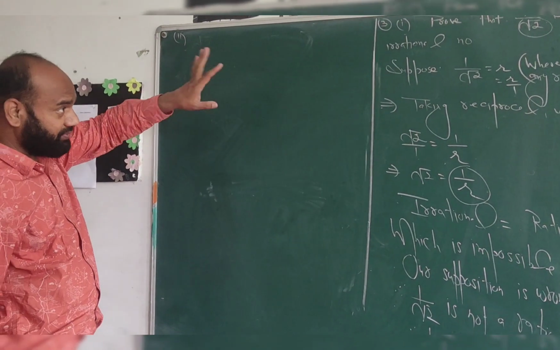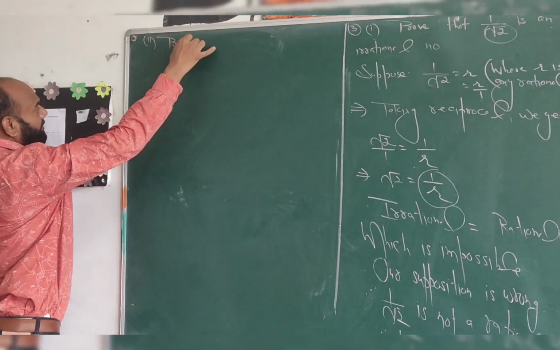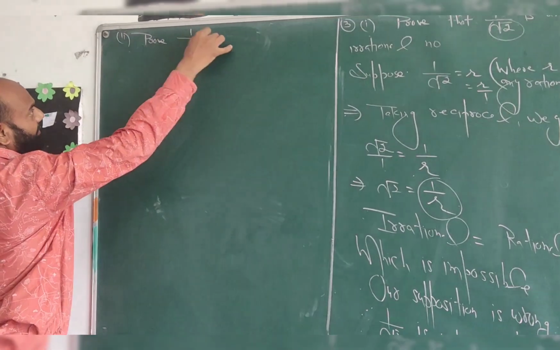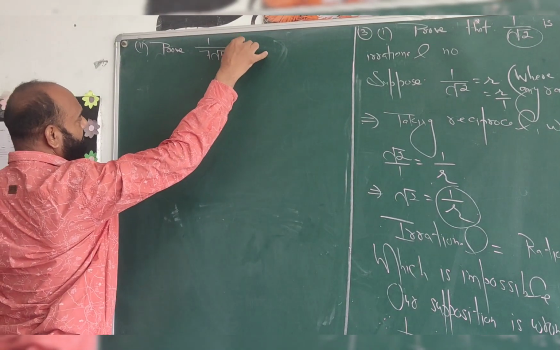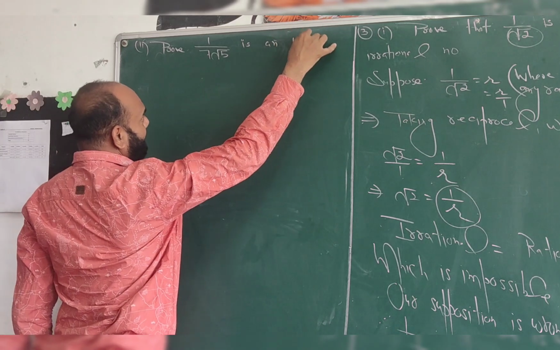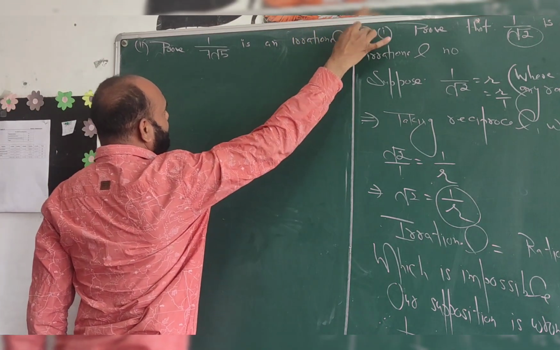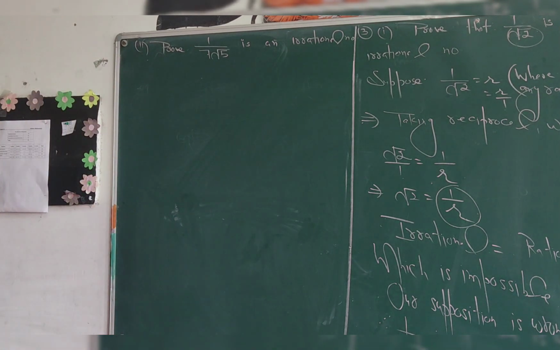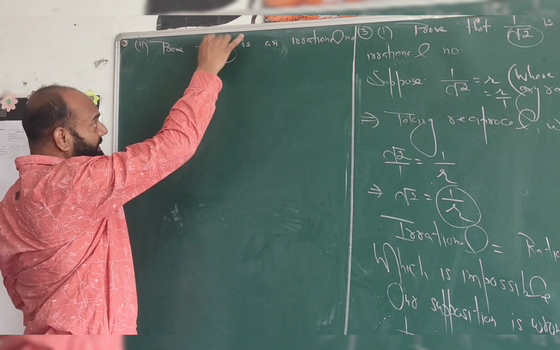One more example of such type. Prove 1 upon 7 root 5 is an irrational number. And in this question, we see also the term of root 5 is present.